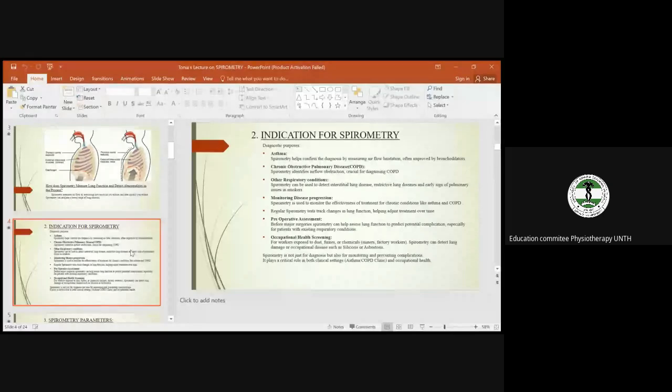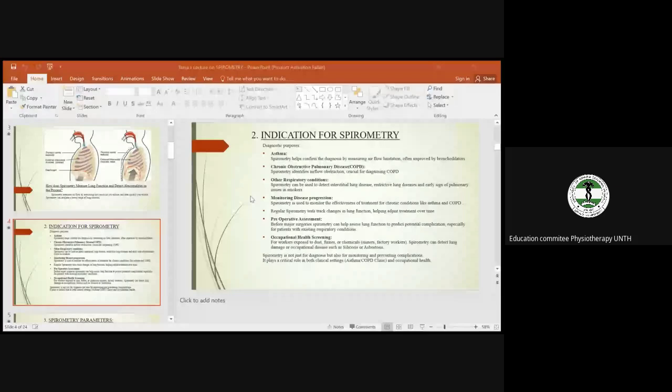Then other respiratory conditions: spirometry can be used to detect interstitial lung disease, restrictive lung disease, and early signs of pulmonary issues in smokers.